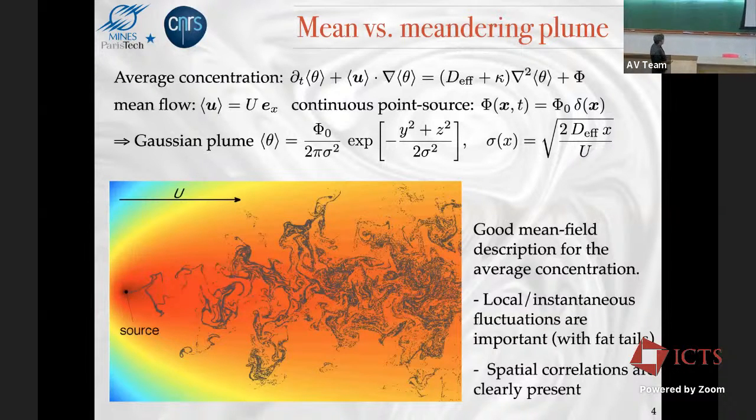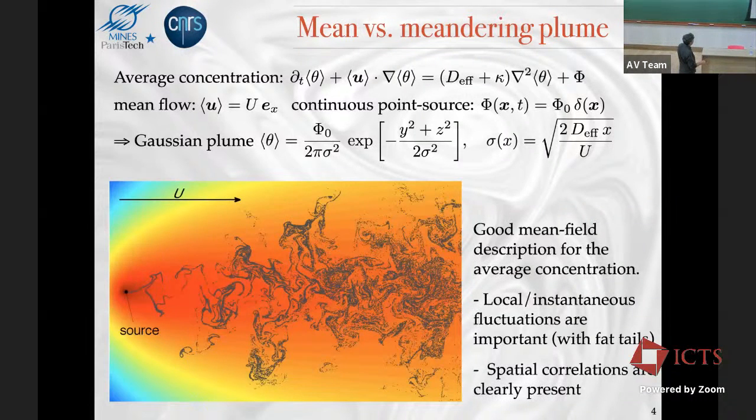So now, if you make the following experiment, this is just a simple simulation where you have an input of a pollutant here, with this continuous source. Yes, so kappa, yes, of course.